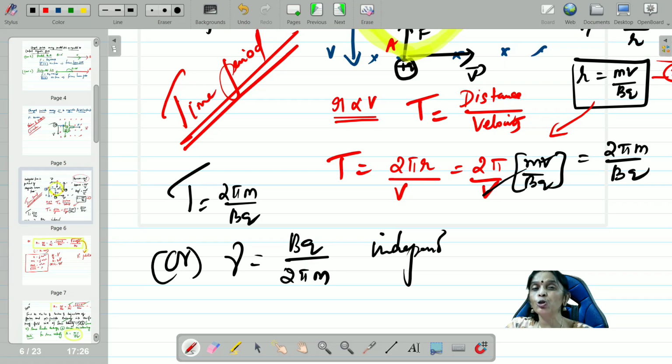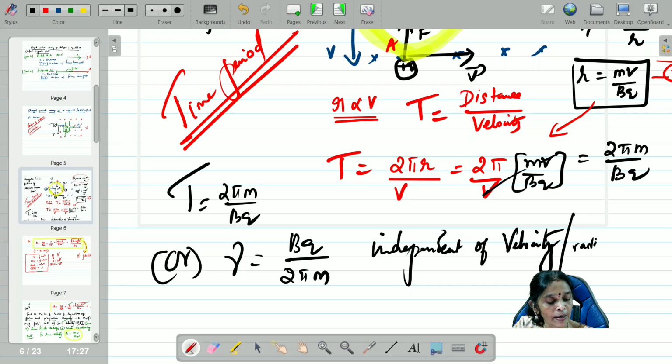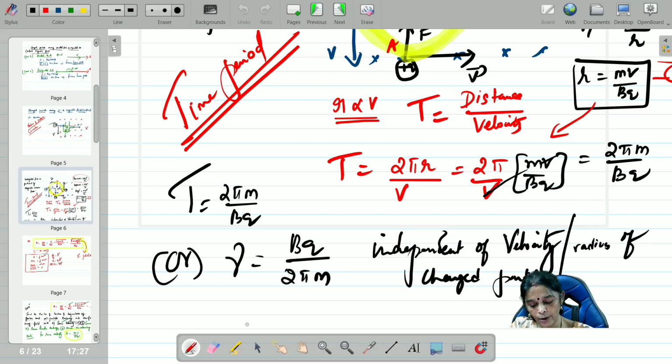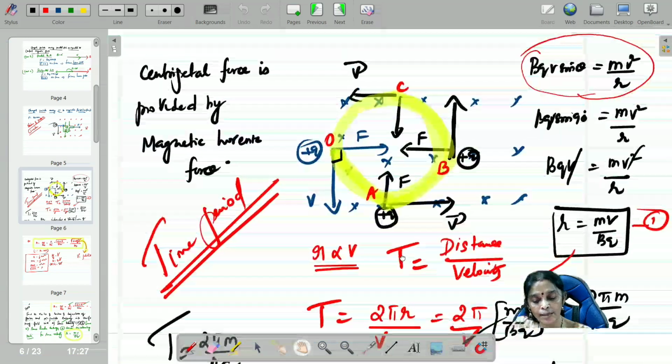Sometimes you will be asked to prove that the time period of a charged particle is independent of its velocity or radius.